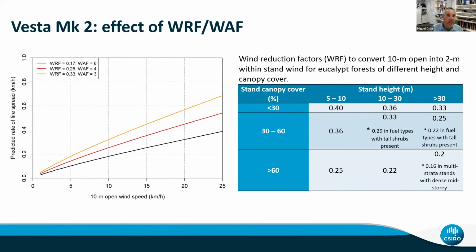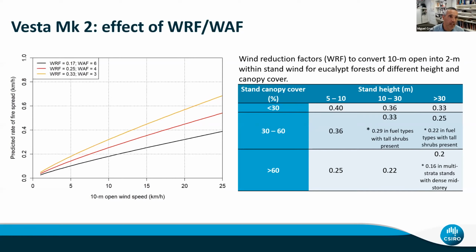In terms of another example of model behavior, the effect of wind adjustment or wind reduction factor on the model outcomes. Here we have 3 curves. The yellow line on the top is a typical dry sclerophyll forest with a wind adjustment factor of 3.